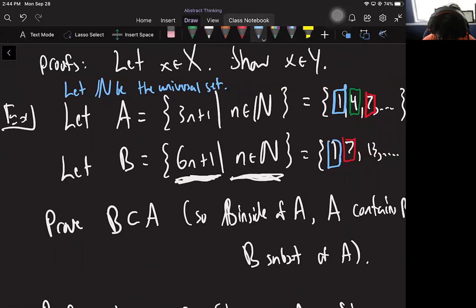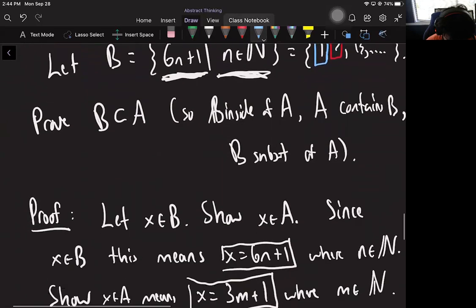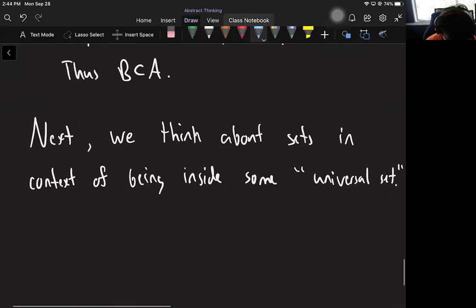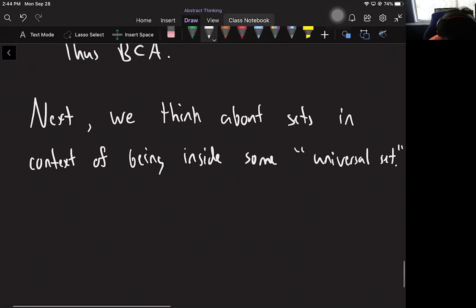So you're just sort of indicating a set that all the sets you're talking about happen to live in. So both of these are just subsets of natural numbers, but you don't have to show it. You could just see that their lists come from natural numbers, so they're already inside of there. And it doesn't really do anything here, so that's why I didn't bother with it until now. But the reason we want to talk about it now is so we can talk about complements.